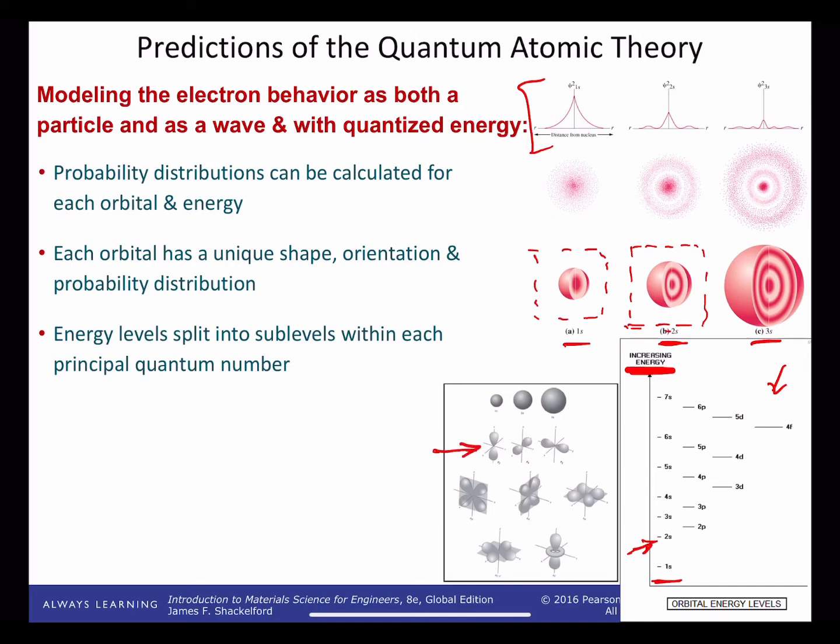Okay, so notice that 2p orbitals have kind of a dumbbell type shape where there's a positive and a negative phase to that dumbbell. That has consequences on how we make covalent bonds. We need to overlap positive phases with positive phases to make a covalent bond. And same thing occurs for the other two orientations of these p orbitals.